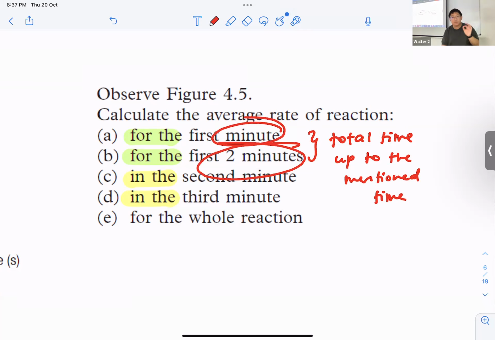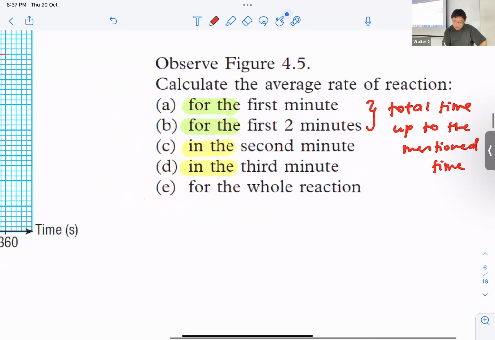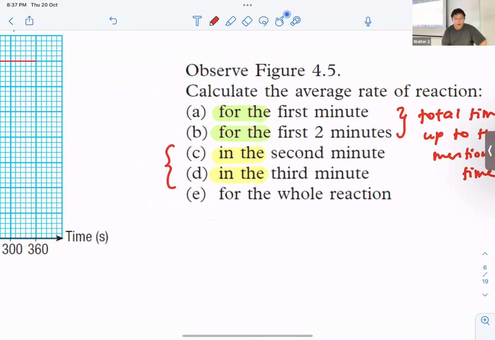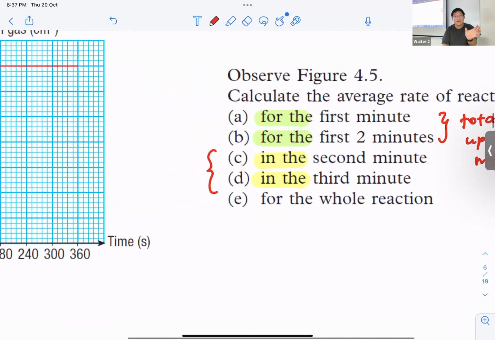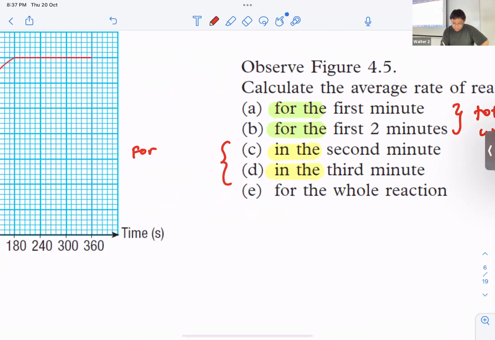If you see "in the", it is on that minute itself, the specific minute.